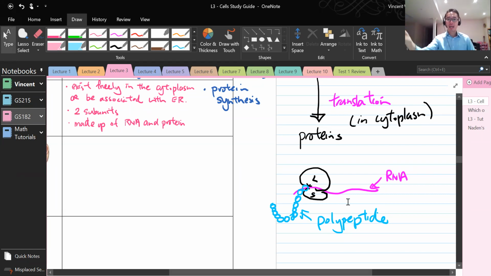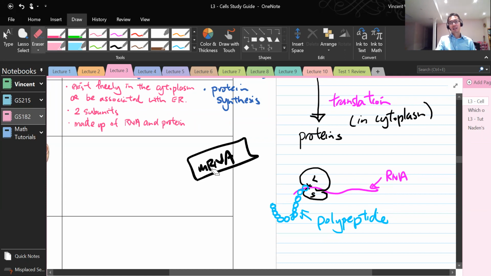So the mRNA vaccine, right? How does it work? Well, basically, the vaccine contains mRNA, which is this type of RNA, and this RNA allows you to make those spike proteins, which are the proteins that are on the coronavirus, the COVID virus.